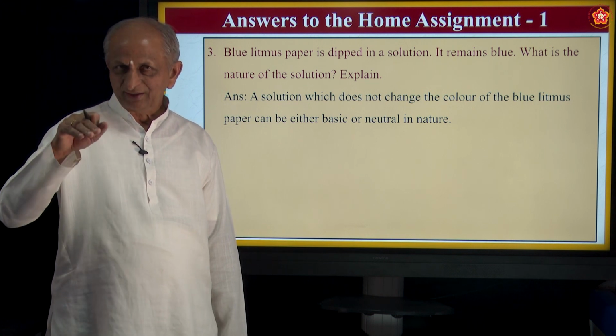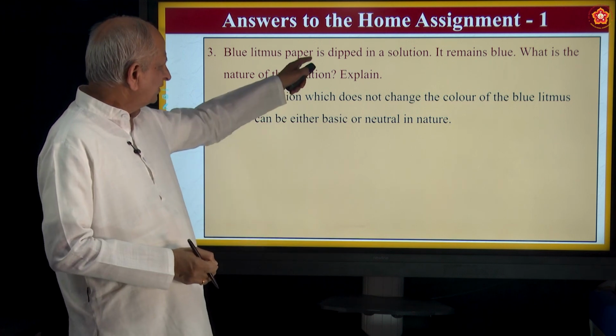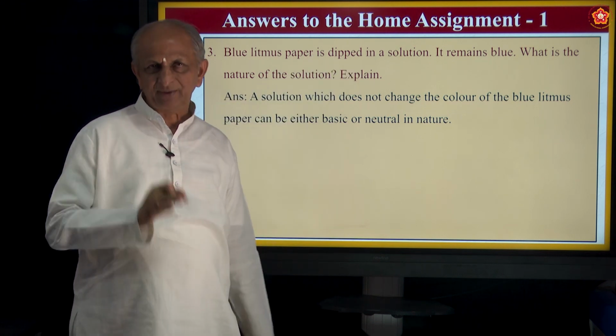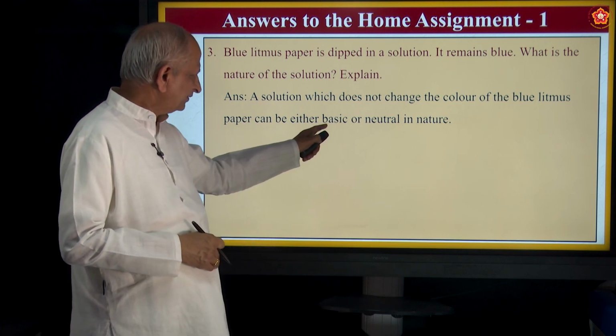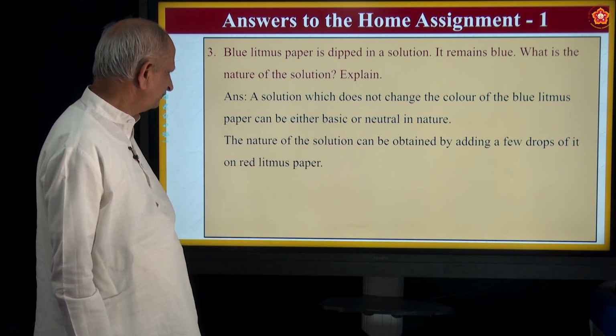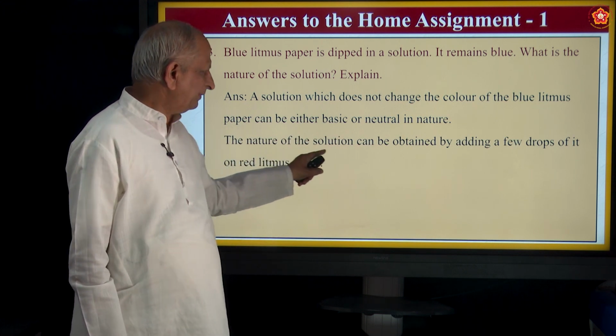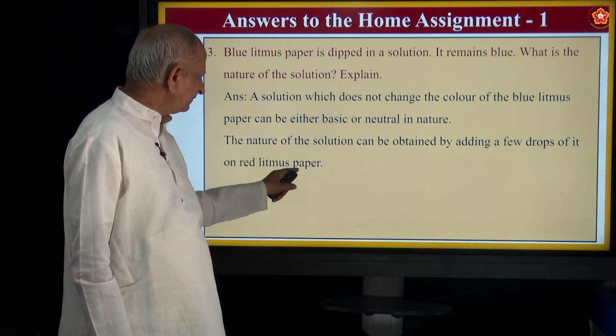Because in acid, blue becomes red. Here the question is, blue will not change, it remains as blue only. So it may be either base or neutral. So how to test it? So nature of the solution can be obtained by adding a few drops of it on red litmus paper.